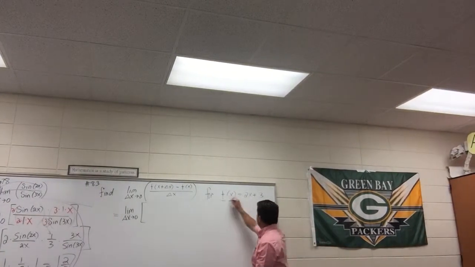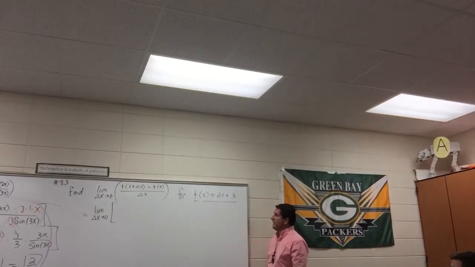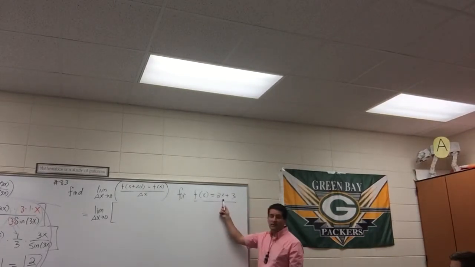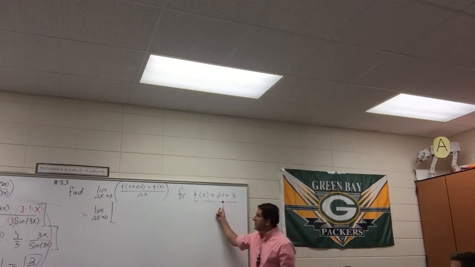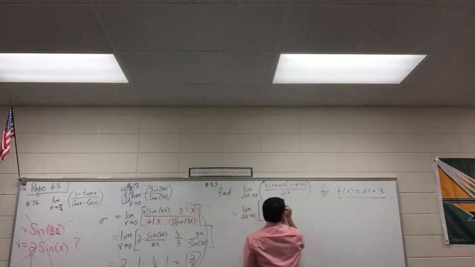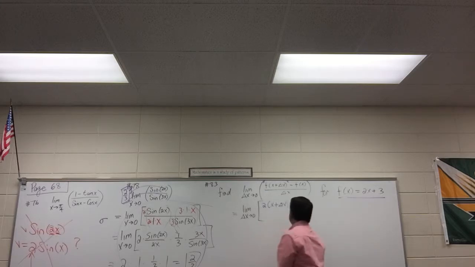If this is f of x, then f of x plus delta x says just take an x plus delta x and stick it in for x. So this first part right here turns into 2 times x plus delta x plus 3.